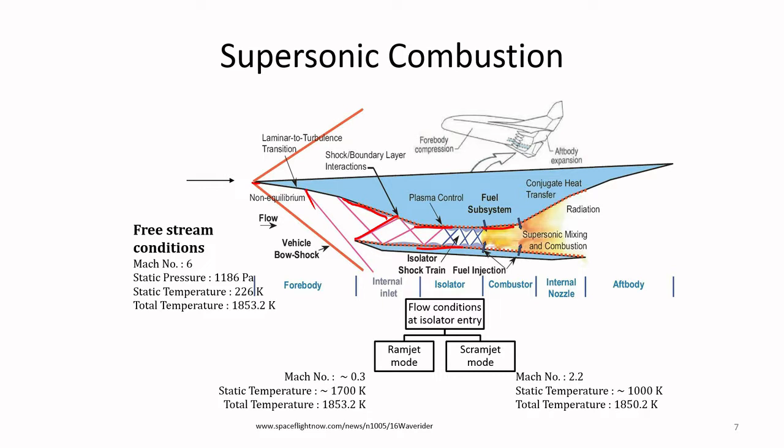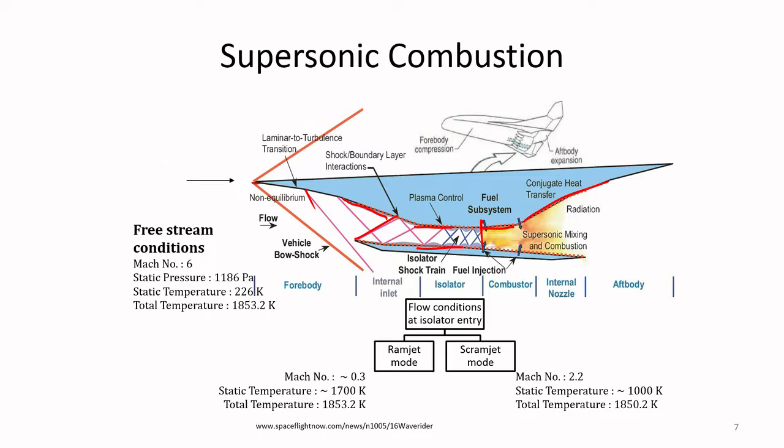Of course you have to ensure that between the fuel injection system and the flame stabilization system, there is intricate fuel air mixing, because only then can combustion happen. So this combustor will have to accommodate the atomization and evaporation, if you are using a liquid fuel, and then mixing, and then ignition, combustion, all these things. Okay. And then we have this large expanded nozzle which accelerates the flow further.